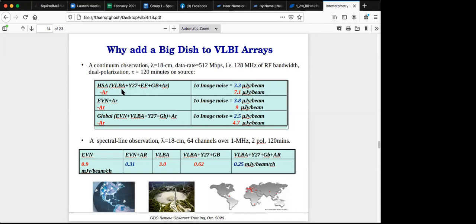So we still have this high sensitivity array where the noise level of your map drops dramatically by adding one sensitive antenna. So one can run this calculation again by, say, adding all 27 antennas of the VLA phased together, or dropping it out, or adding GBT or dropping it out, and compare what sensitivity level you're getting. Okay, this is for continuum observation. This is for spectral line observation.